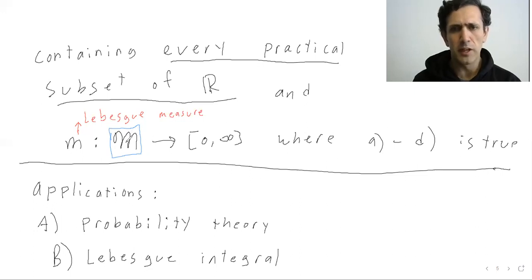So to start really cooking up what this collection of subsets of the real line, script m, is, we need the notion of a sigma algebra. That's the key definition. So let's say I have big X, a subset of the real line.